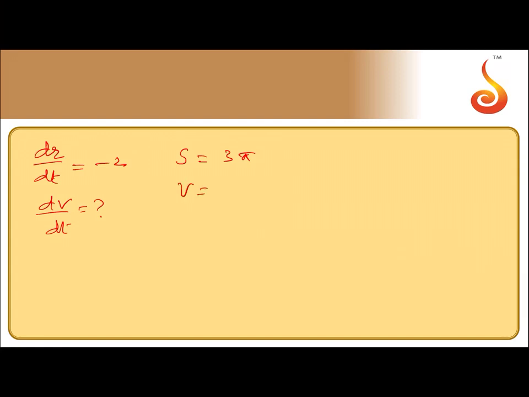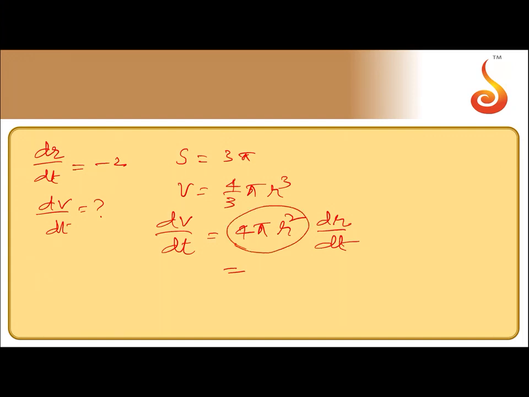So let me take up the volume. The volume of the spherical balloon is 4/3 πr³. Therefore dV/dt = 4πr² multiplied by dr/dt. But dr/dt is equal to -2, and 4πr² is nothing but the surface area, whose value is 3π.